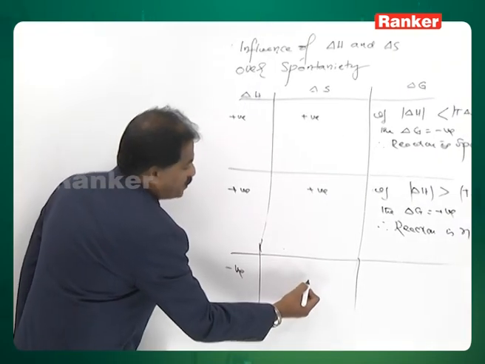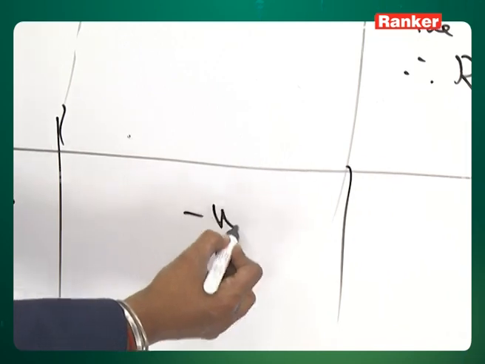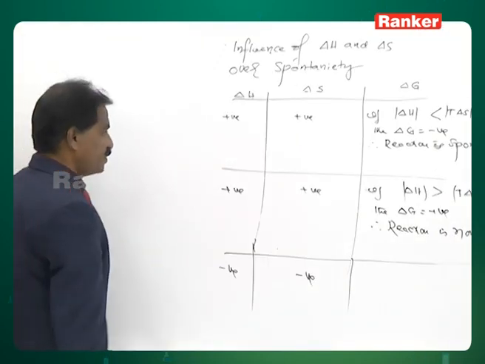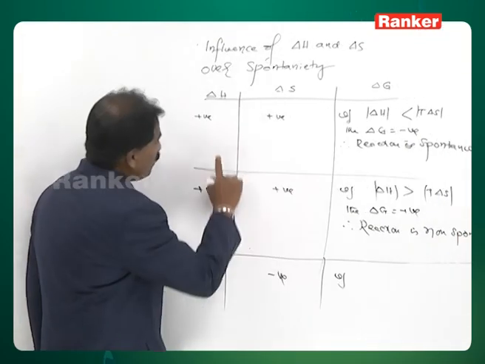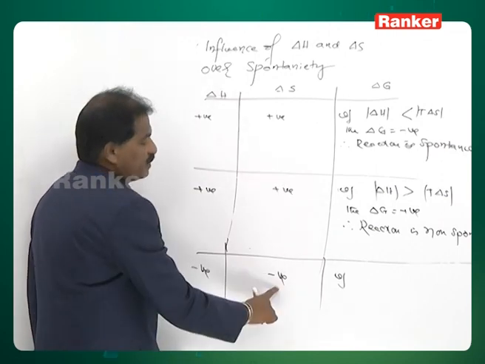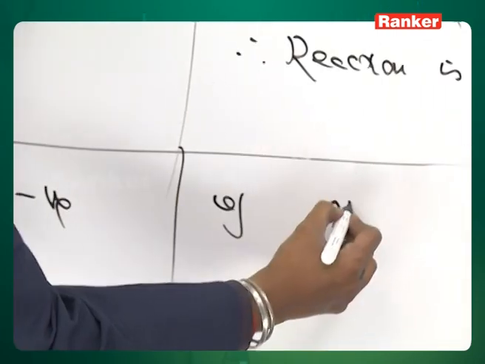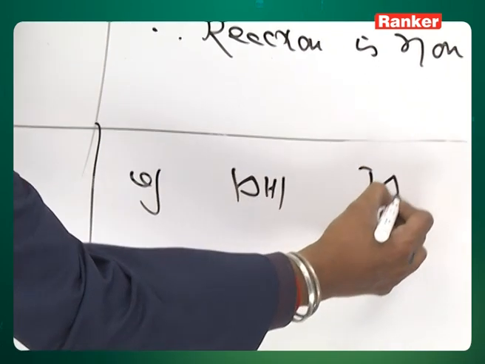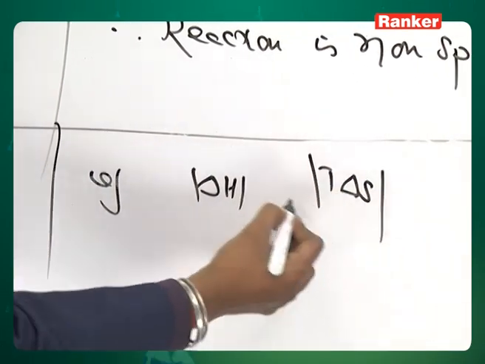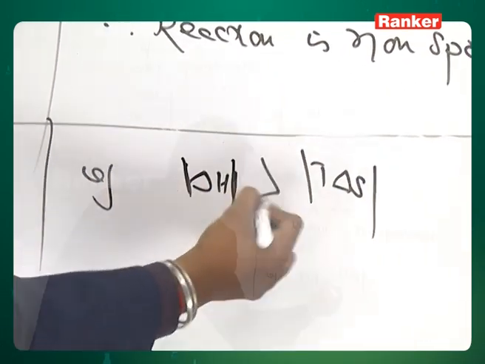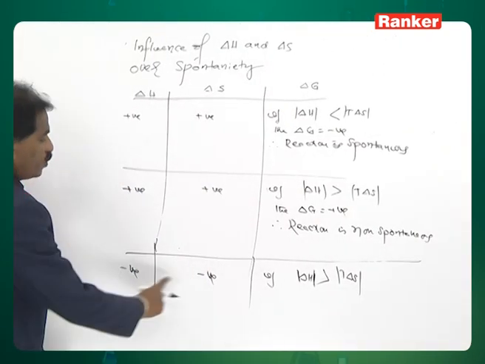Next, entropy change is also negative. Enthalpy change is negative, entropy change is negative. Next, compare the magnitudes of the two terms. Here, both the terms are negative.